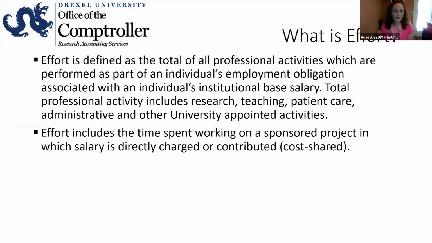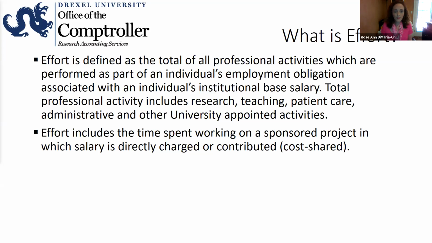So again, effort. I think Deb started this conversation. When we look at effort certification here at Drexel, effort is defined as the total of all professional activities which are performed as part of a person's employment obligation, associated with the individual's institutional based salary.